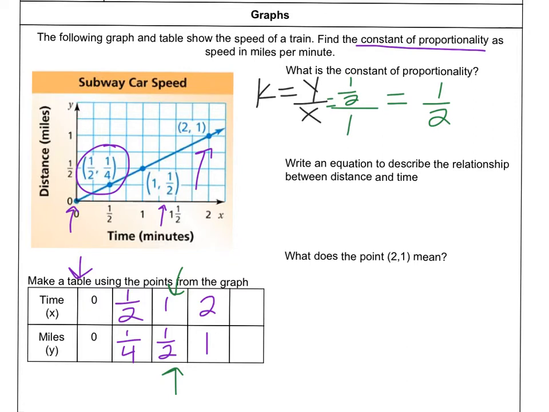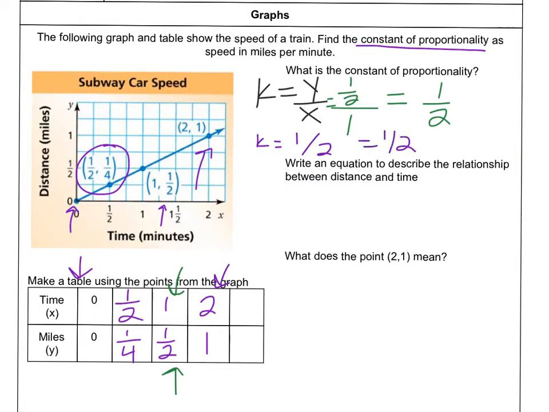Let me show you another one. What if I did the point 2, 1? So k would be y, 1, divided by x, 2. 1 divided by 2 is 1/2.